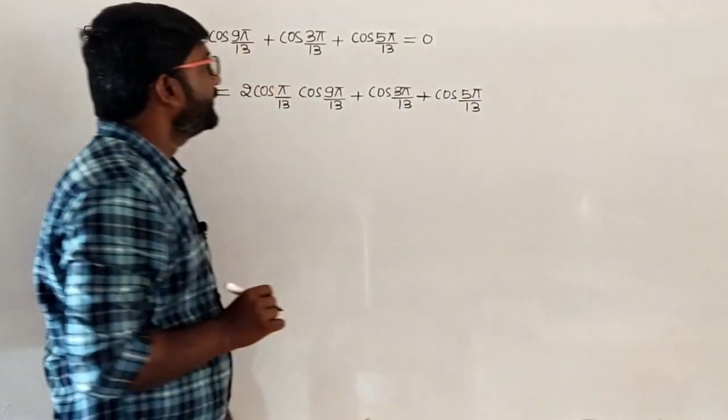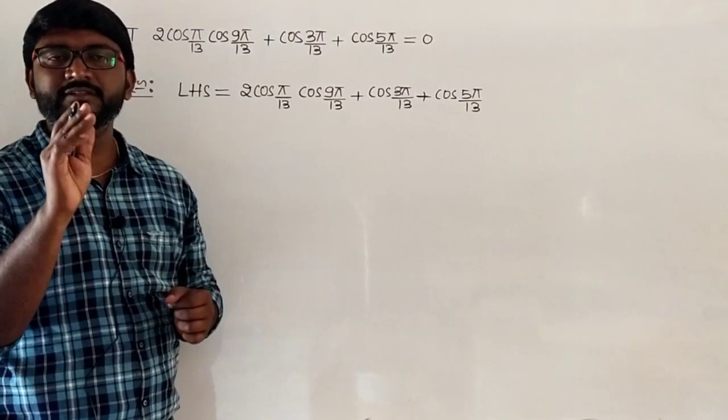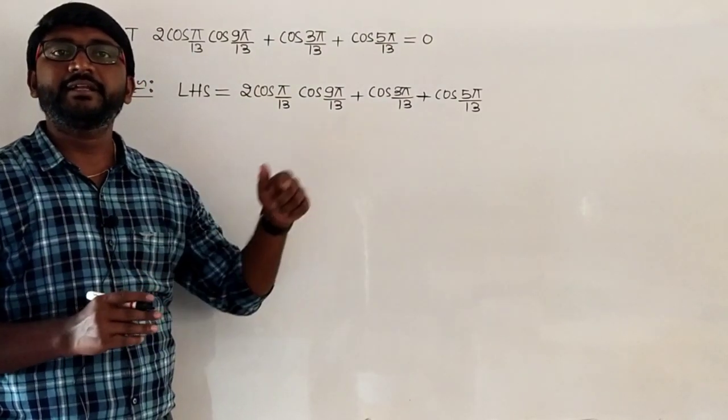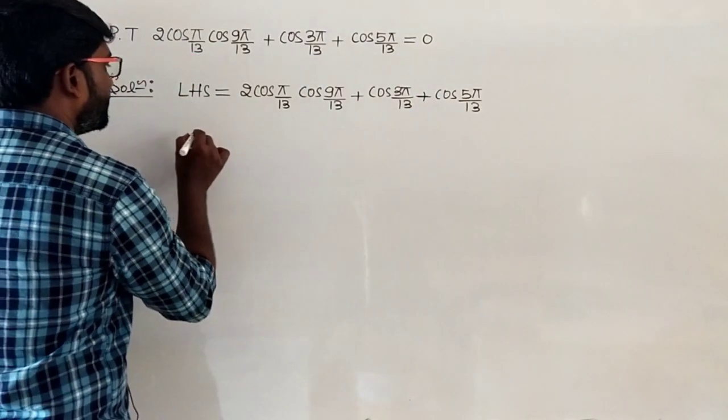So now here it is in the form of 2 cos x cos y. What is 2 cos x cos y? It is cos of x plus y plus cos of x minus y. We have to write the formula now.